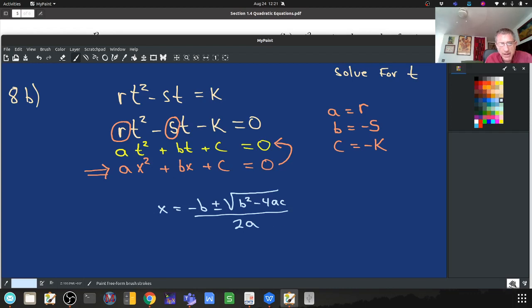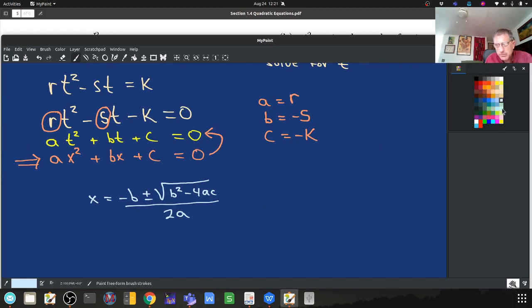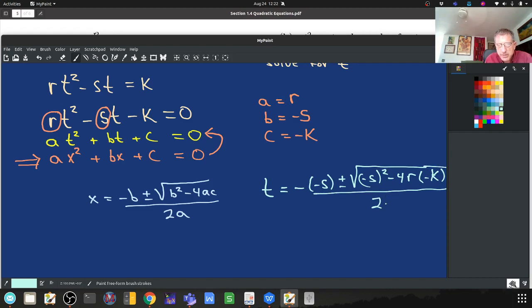This is an equation in the variable t, so t is equal to minus b, which is minus minus s, plus or minus the square root of b squared, which is minus s squared, minus 4 times a, which is r, times c, which is minus k, all over 2 times a, which is r.